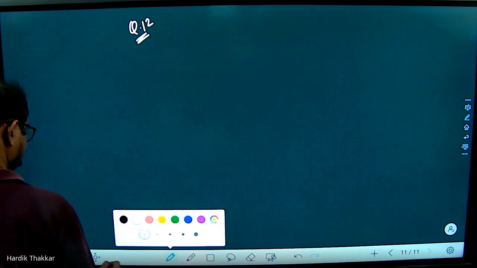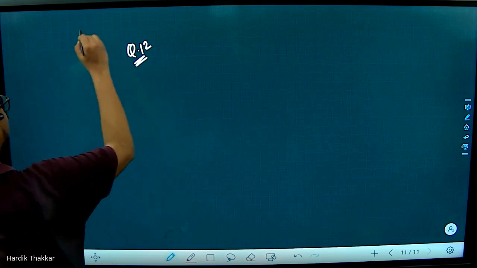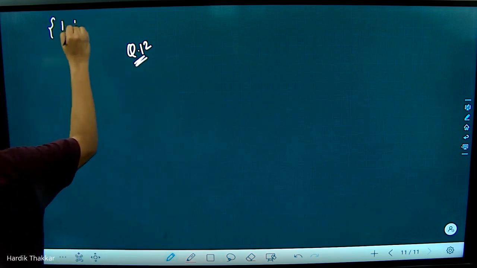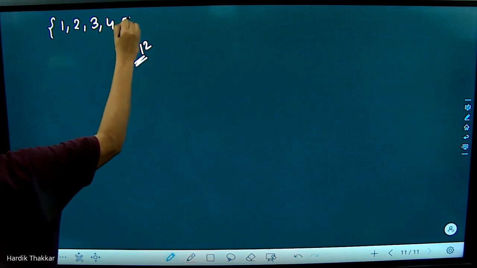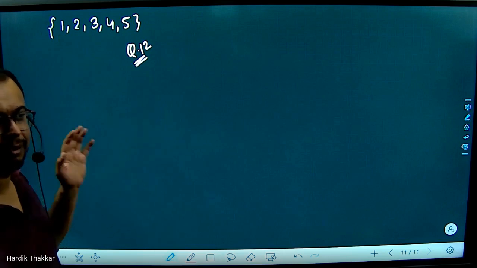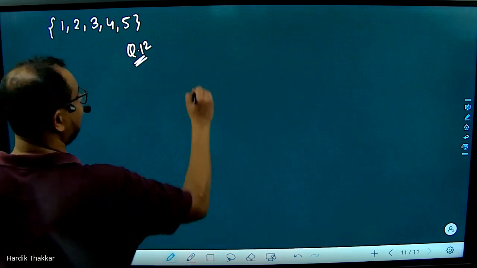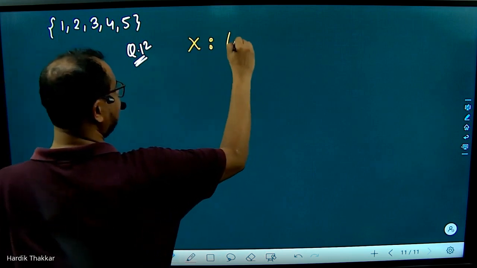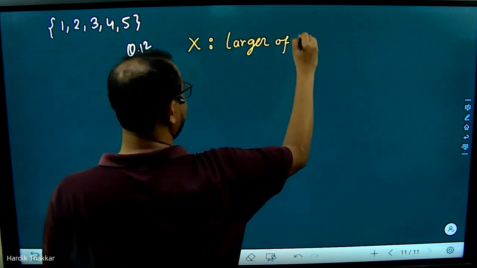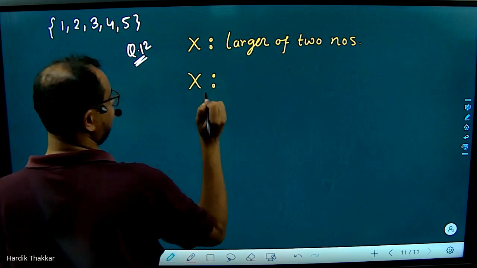The question says that two positive numbers are selected at random from the first five positive integers. What are the first five positive integers? They are 1, 2, 3, 4, 5. And we are selecting two numbers out of these five. Now the random variable x denotes the larger of the two numbers. Okay. Now, what are the possible values of x? Try to answer this.